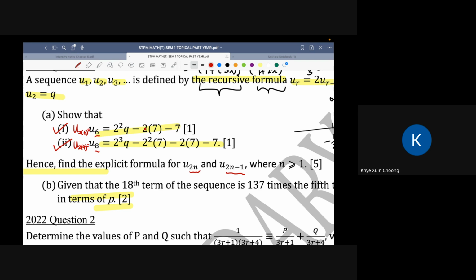When you want to express in explicit formula, it is different from recursive formula. Recursive formula, we want to express it in terms of the previous term. If you want to express it in explicit formula, you express it in terms of the number n inside the formula.